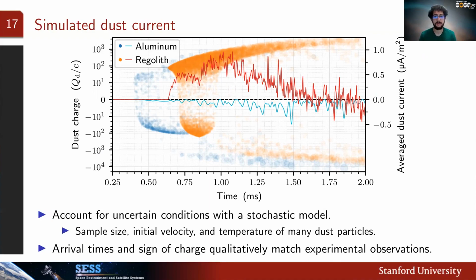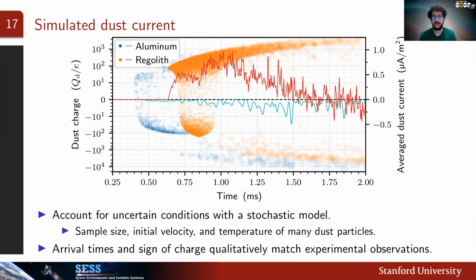This plot shows the arrival time and surface charge of each of these integrated particles. And we sample the size of each particle from the measured particle size distribution, including uncertainties. We sample the initial velocity based on observations and experimental data, and the ejection temperature based on a heating model accounting for interactions with the dense plasma initially after impact.